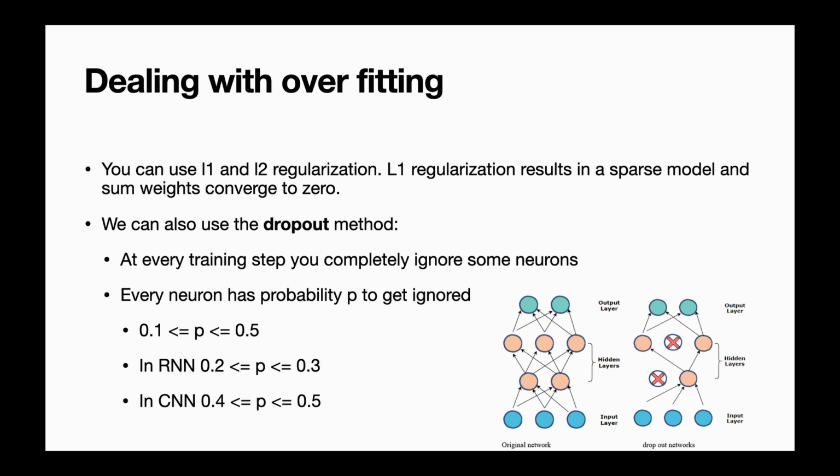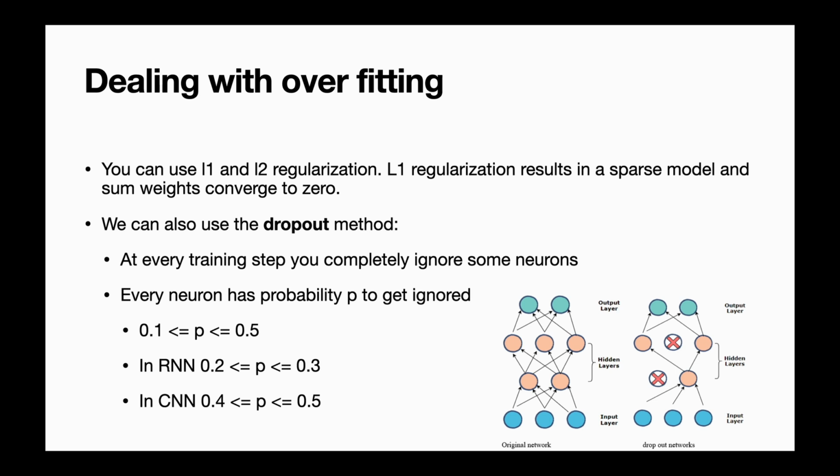But my favorite one of the methods that we can use to deal with overfitting is a method called dropout. This method is amazing, and I think it was a genius change in everything. It was a genius method that was used to avoid overfitting. The idea is very simple here.